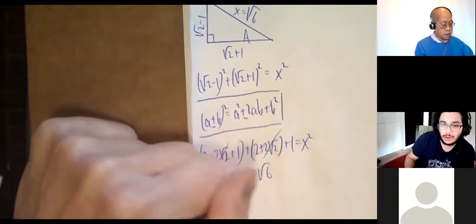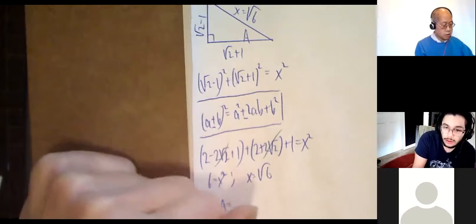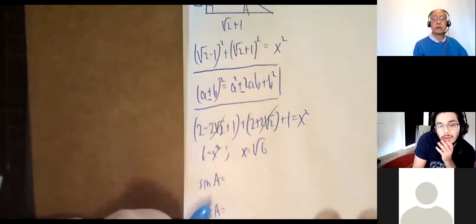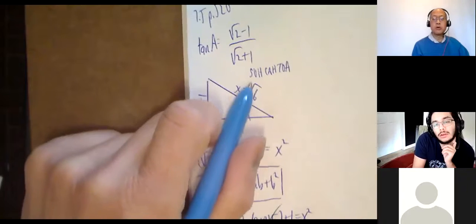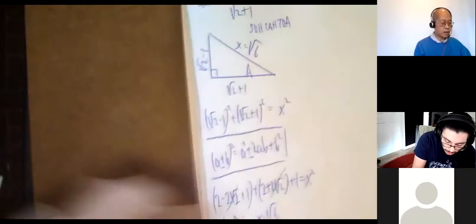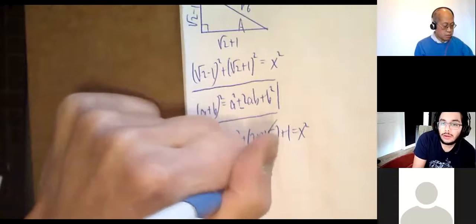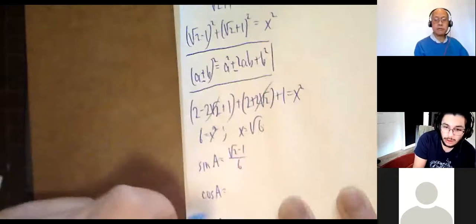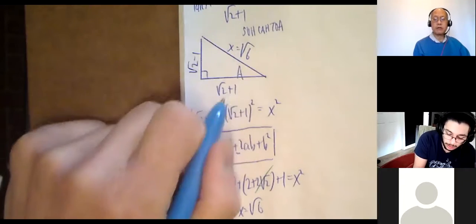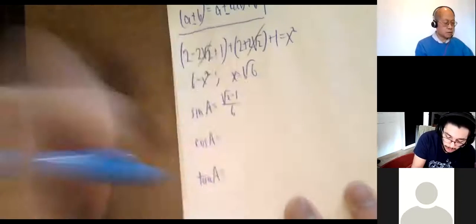So sine A, cosine A, tangent A. SOHCAHTOA, opposite over hypotenuse, so radical 2 minus 1 over radical 6. Cosine is adjacent over hypotenuse, so radical 2 plus 1 over radical 6.